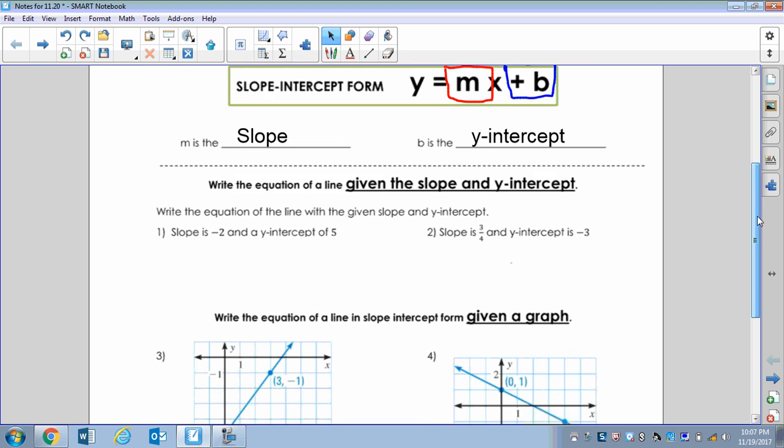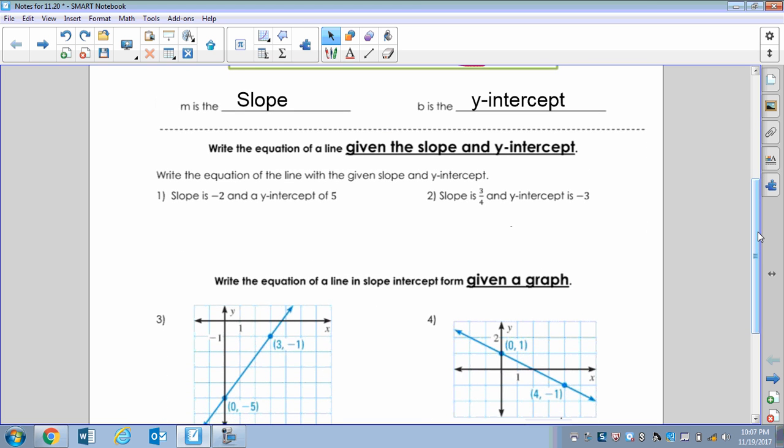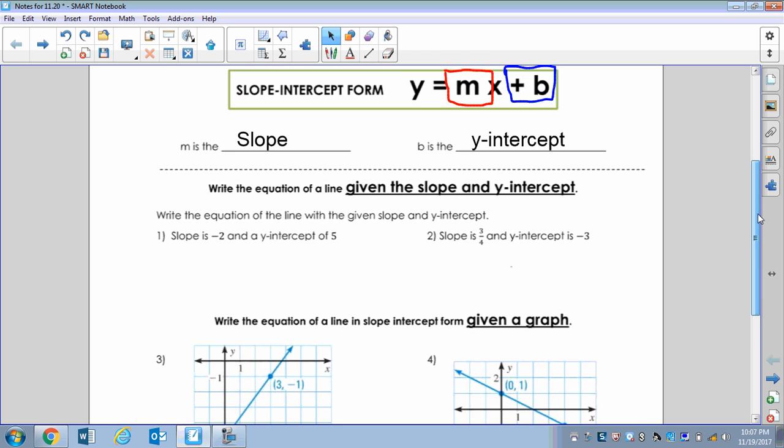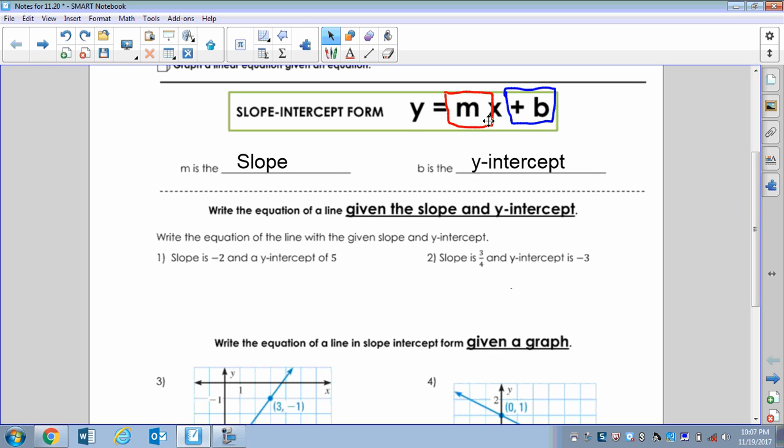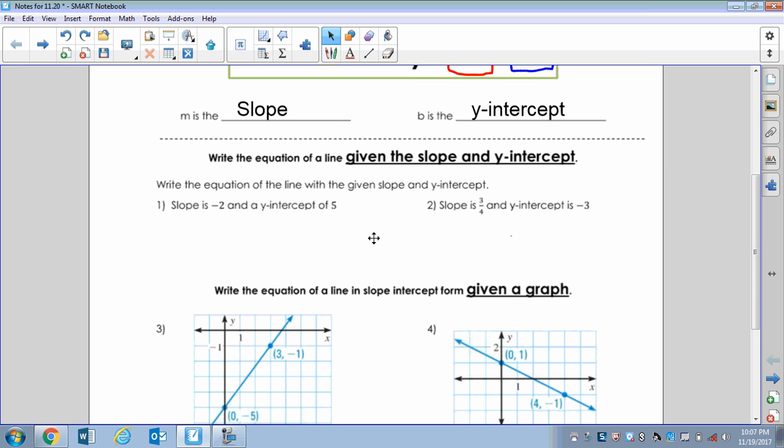If we look at this next couple examples, it says write the equation of a line given the slope and the y-intercept. What we're going to do is take the m and the b and put them into this y equals mx plus b form right here. So we have slope is -2, so m is -2, and a y-intercept of 5, so that makes b equal to 5.